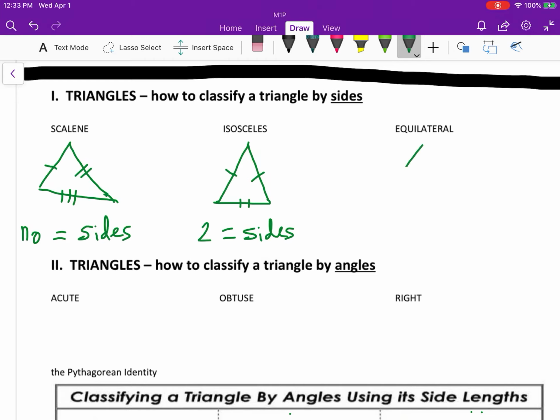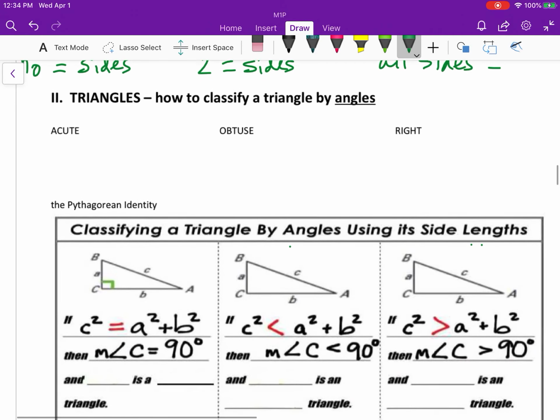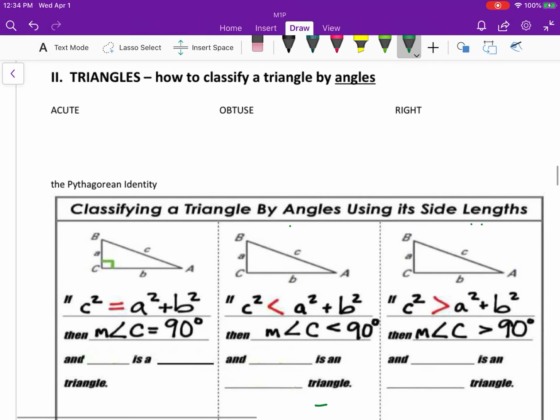So the equilateral triangle is the one that has all three sides equal. Okay, so all sides equal. Believe it or not, that's also called equiangular because all the angles are equal. That's not listed in the next part, but I'm going to put it there anyway.